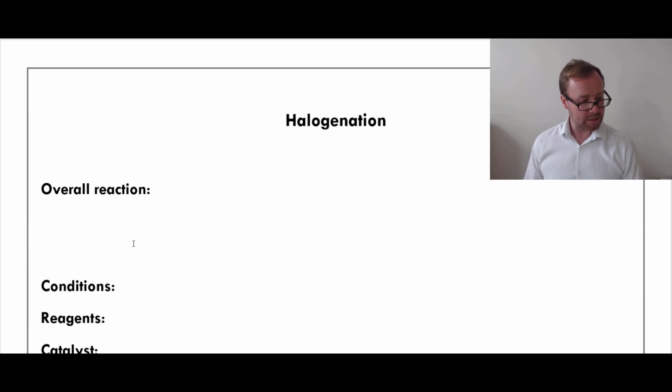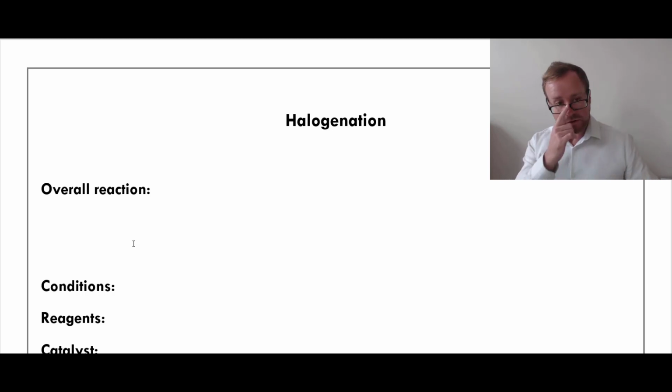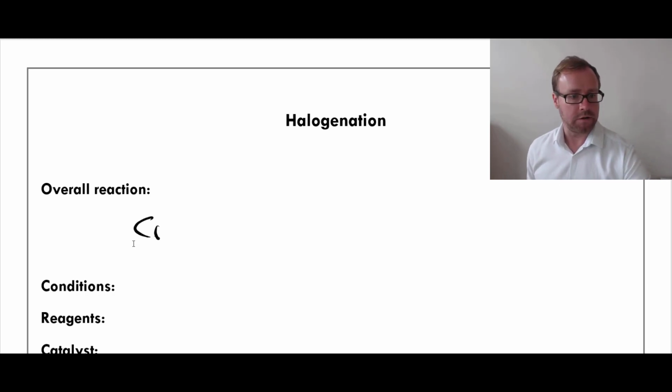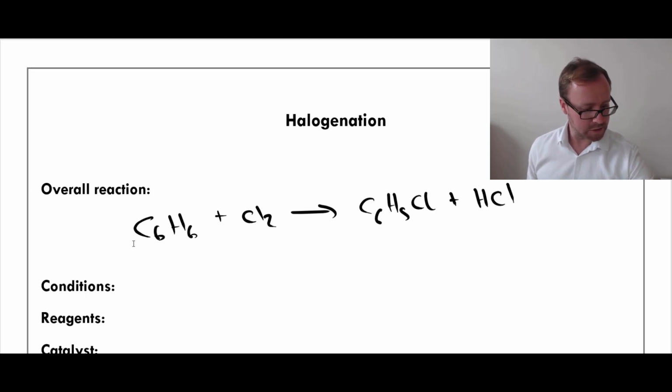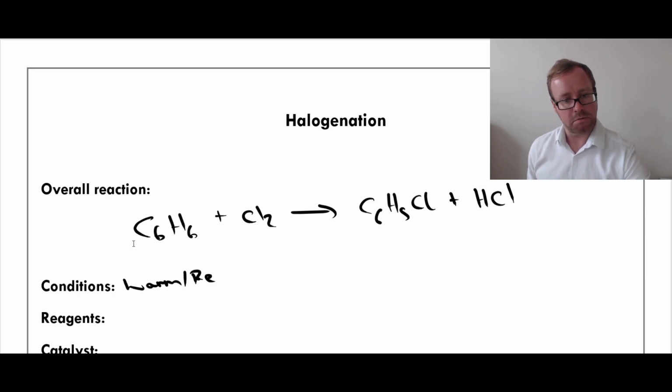So halogenation, our first one. So our overall reaction is we have benzene plus Cl2 to C6H5Cl plus HCl. Conditions: warm, reflux, and remember, anhydrous.